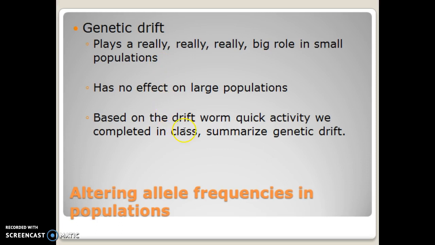So we'll be looking at how genetic drift can occur in small populations to change allele frequencies. Basically, genetic drift works like this. Genetic drift is strictly based on randomness and chance, just because some genes become more common than others.